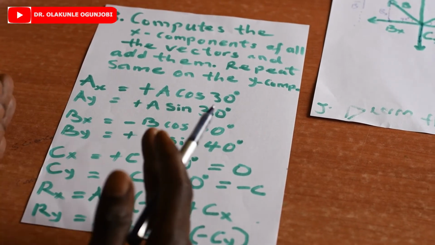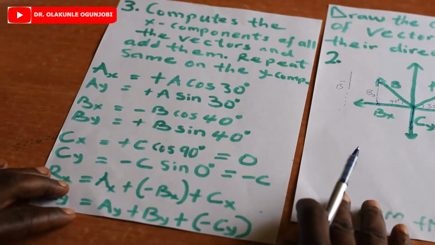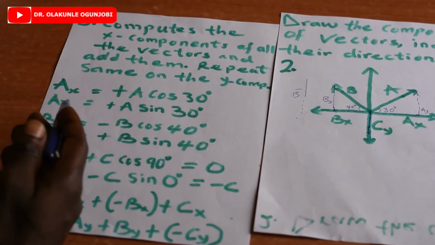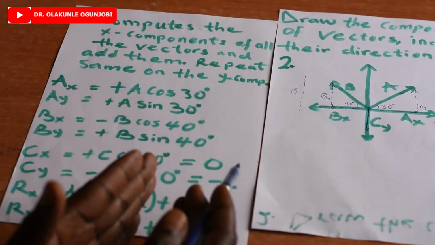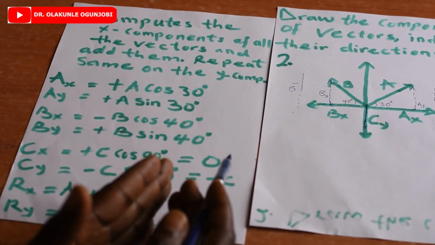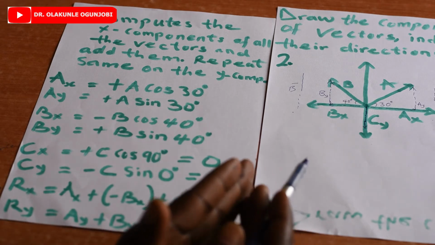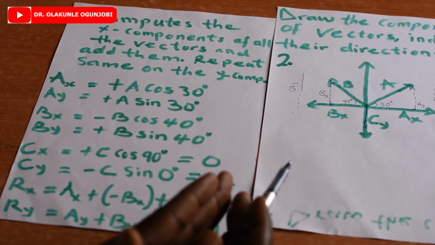You repeat the same for the y components in this manner. That is, for the a side, you have ax and ay. For vector b, you have the bx component and by component.